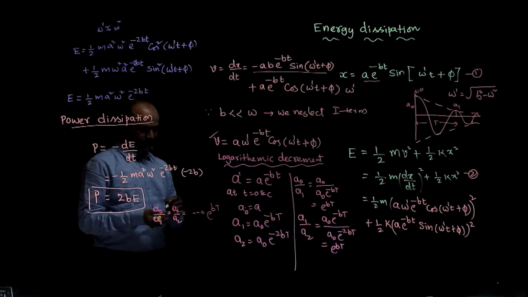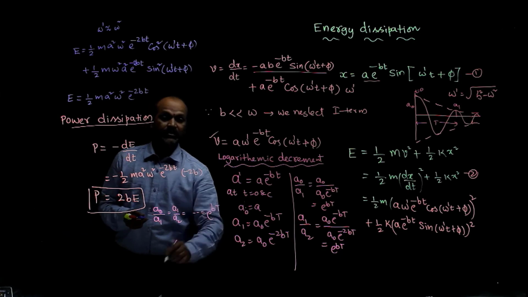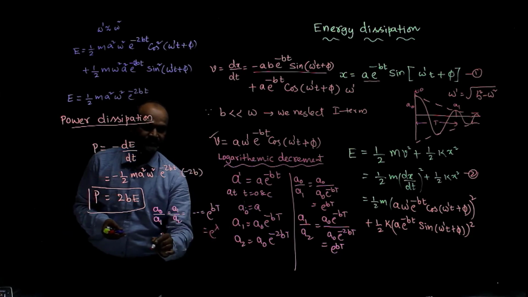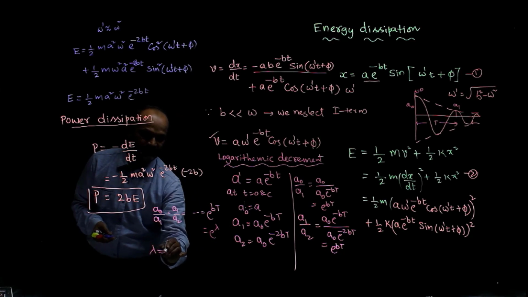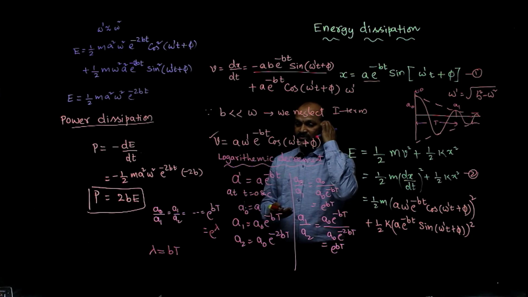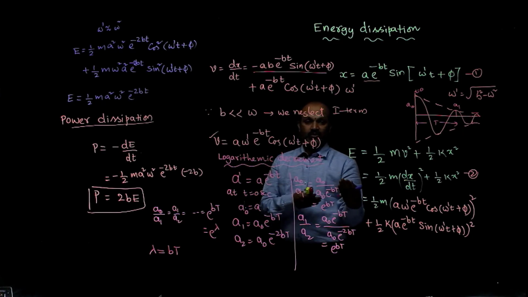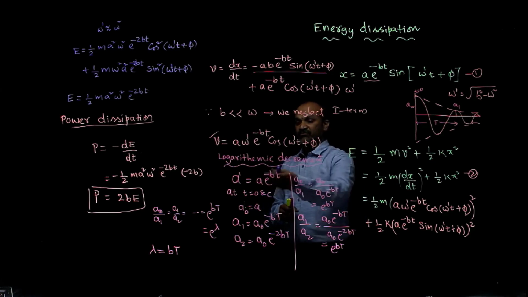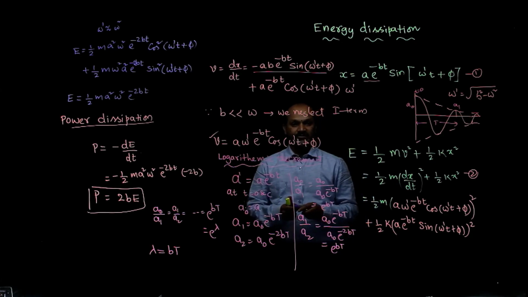So this e power lambda we can write, and this lambda is bT over here. And if you take the natural logarithm on both sides, ln of A naught by A1 and so on will become bT. Okay, that bT, that lambda, is the logarithmic decrement. This is the logarithmic decrement of a damping harmonic oscillator. Okay.